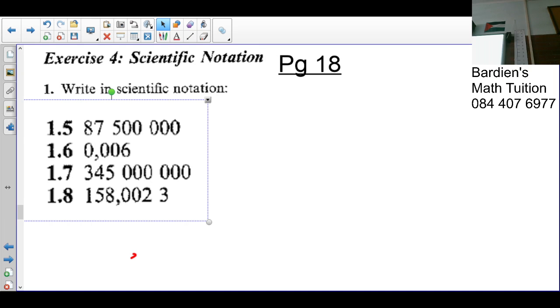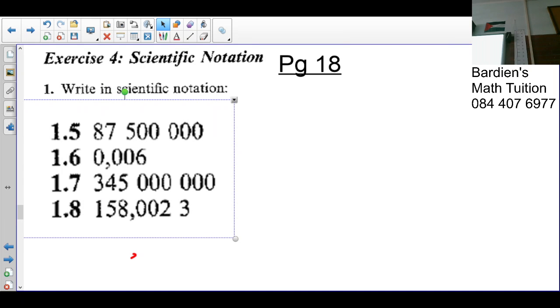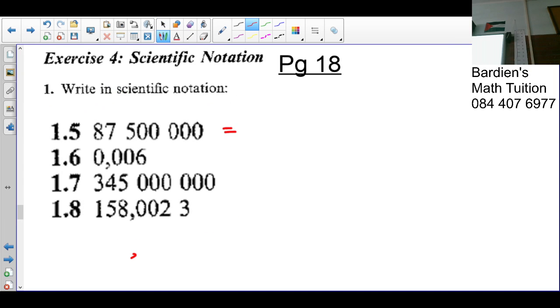Alright, 1.5. So as you can see, where's the comma lying now? After the 0. Not so? So it's going to move 3, 6, 7 units. Do you see that, people? So that's going to give you 8,75 times 10 to the 7.